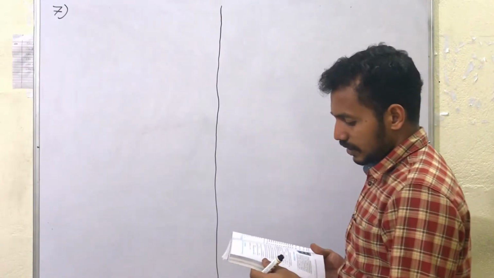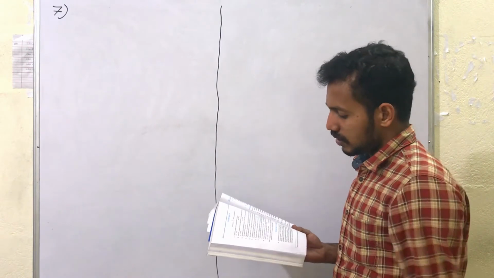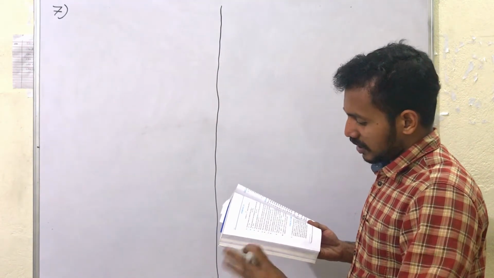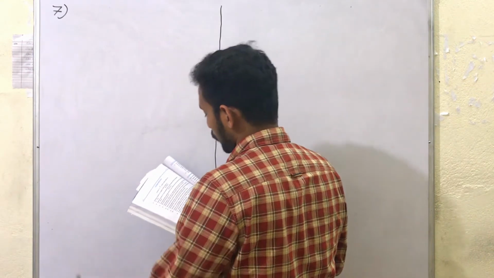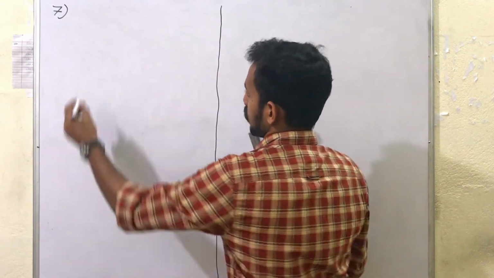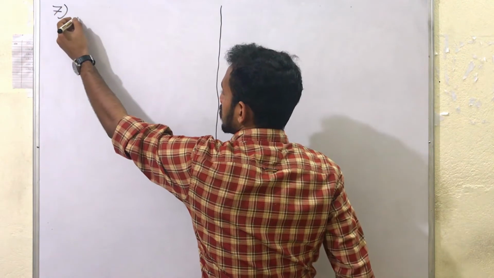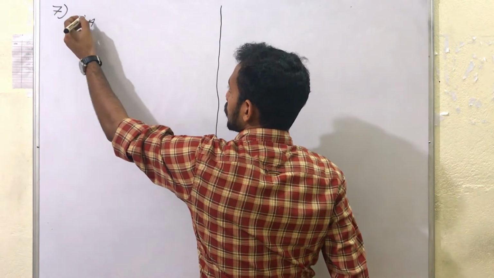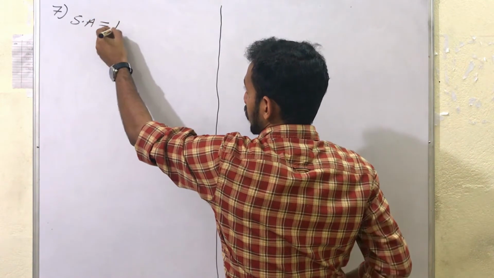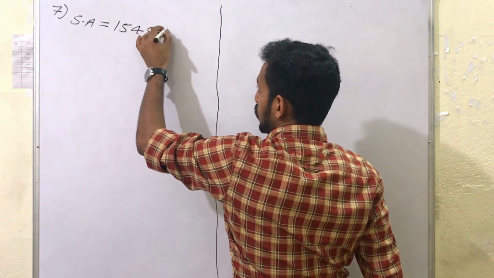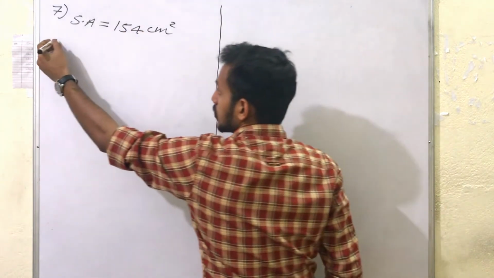Next question number 7. This is also a simple question which is connecting the surface area and volume. Find the volume of a sphere whose surface area is 154 centimeters square. According to the question, the surface area of the sphere is equal to 154 centimeters square.